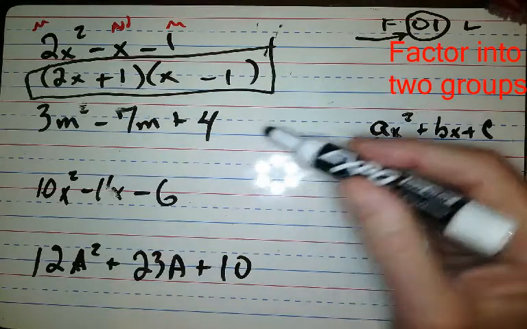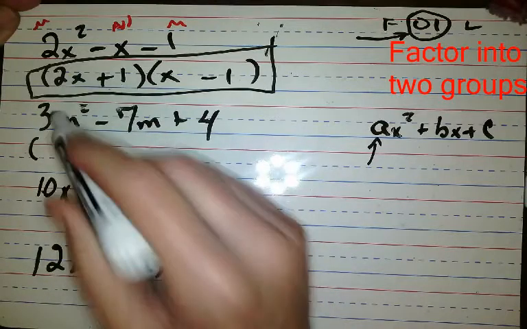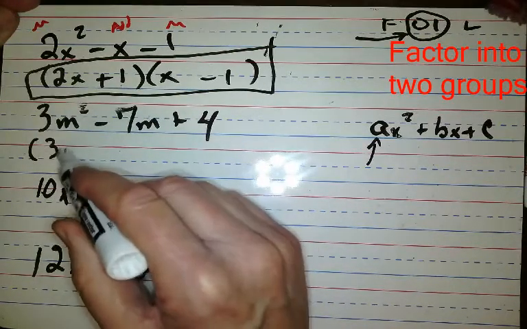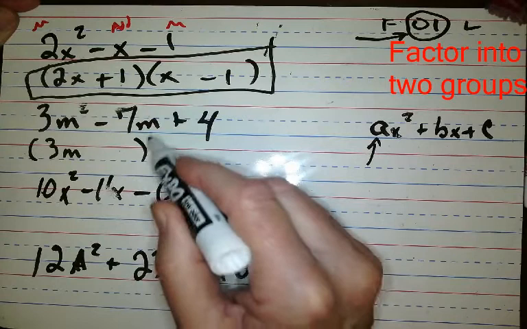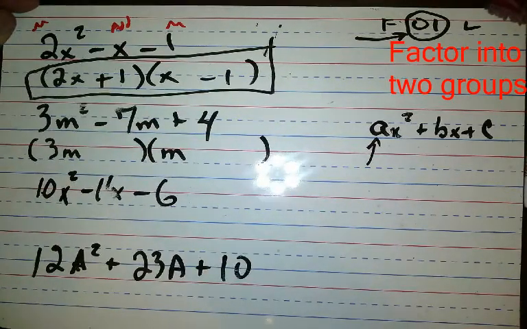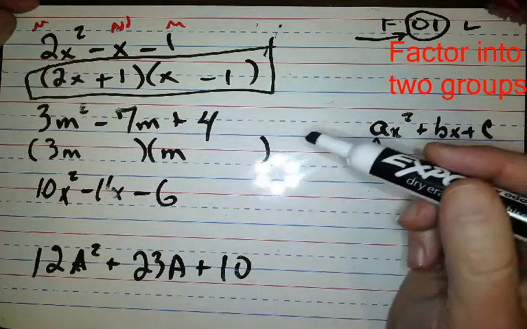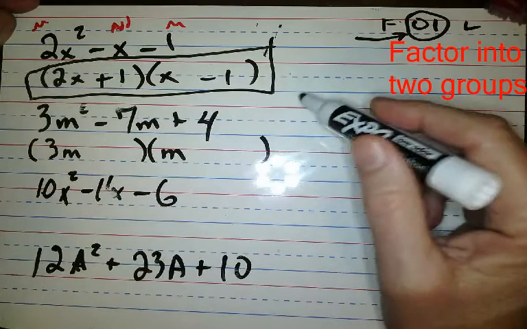Have to. Let's see if we can do this one. Still, again, there's only one way to get 3. So we've got 3m times 1m, that's the only way to get 3. Now to get 4, there are several ways, right?